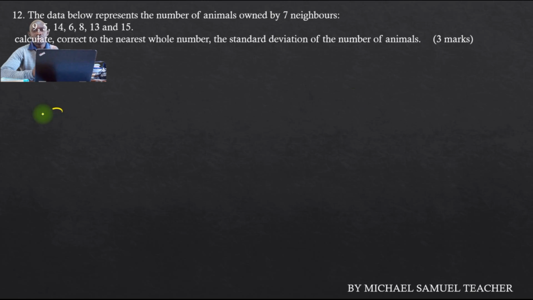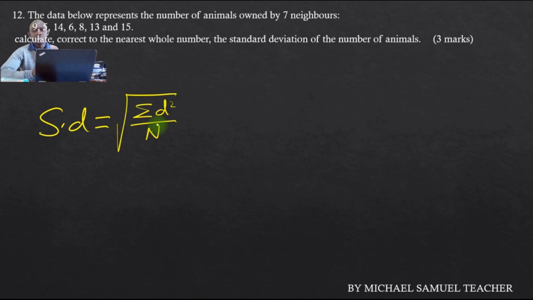So standard deviation is given as the square root of the sum of deviations squared over n. Now, in our case here, d is x minus the mean.